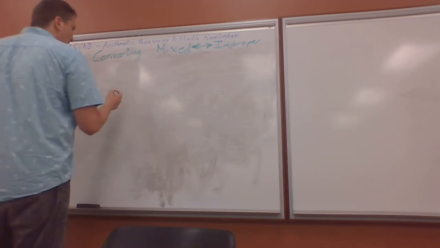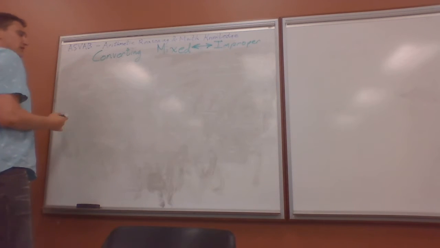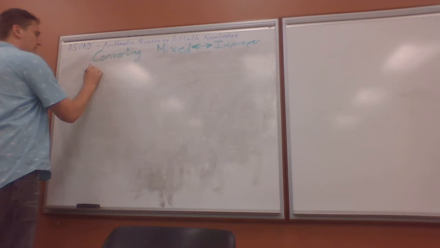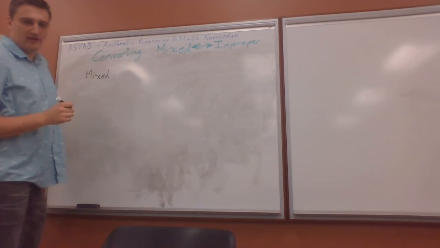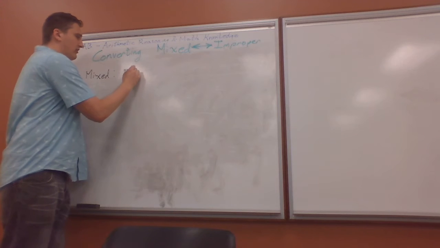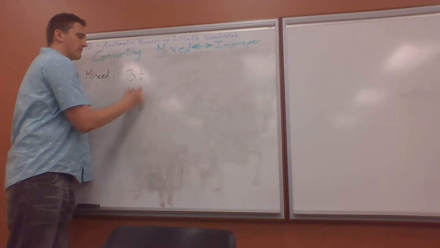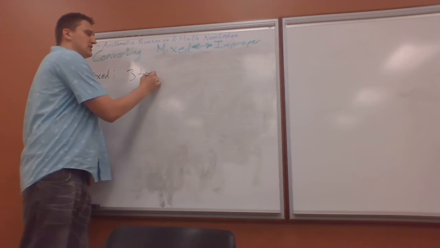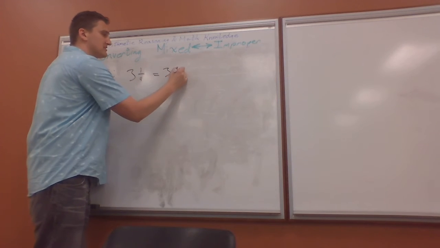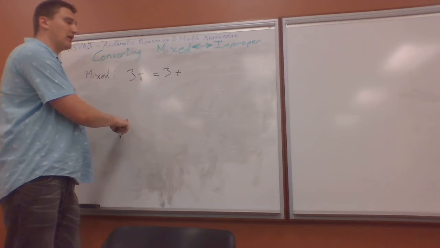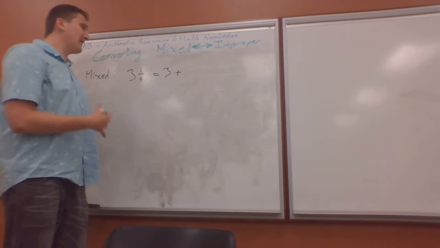All right, so one thing to consider with mixed fractions is that if we have a number like 3 1/4, that's just like saying I have 3 wholes plus a part. When I said plus a part, I didn't mean that figuratively. I meant that literally.